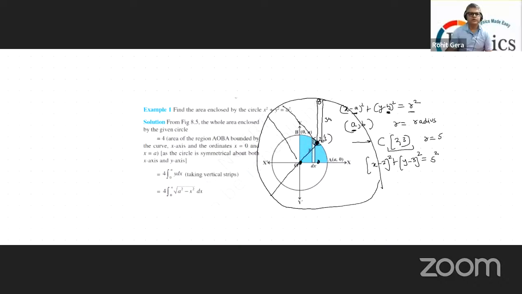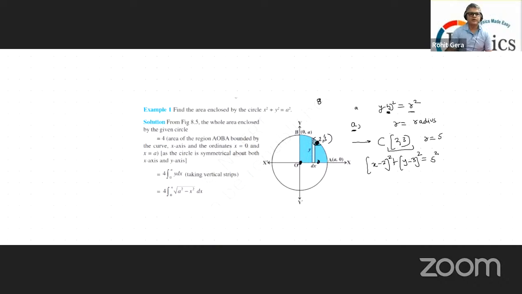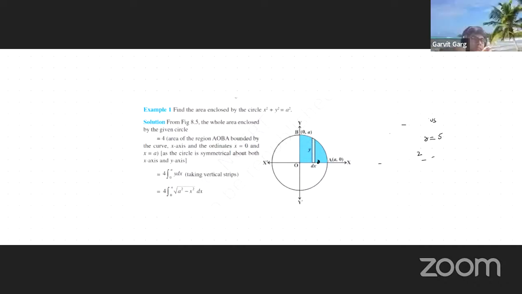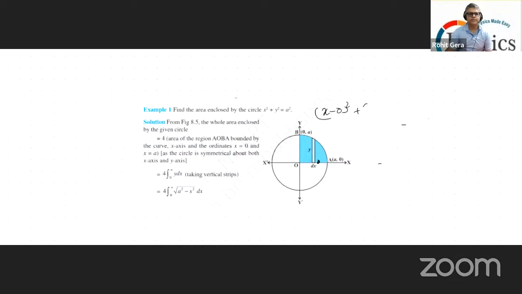So in this question also you have been given a circle. The circle doesn't have a and b. The circle has only x square plus y square, which is another way of saying that the center is 0. You can rewrite this as x minus 0 whole square plus y minus 0 whole square is equal to a square.